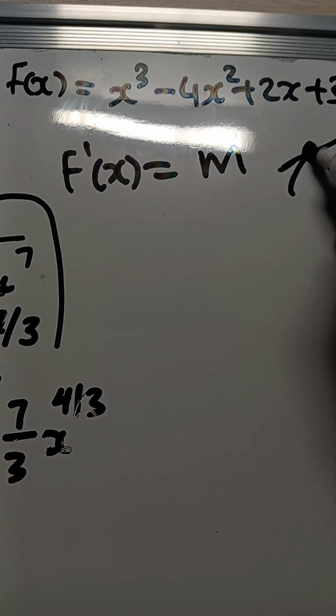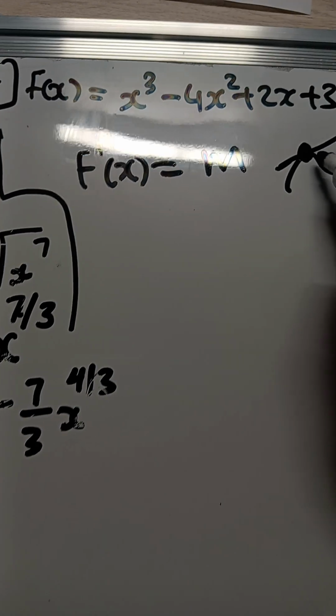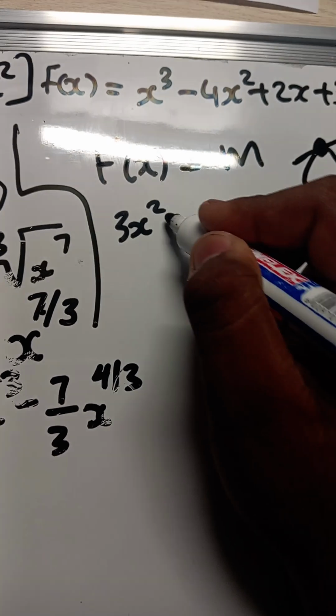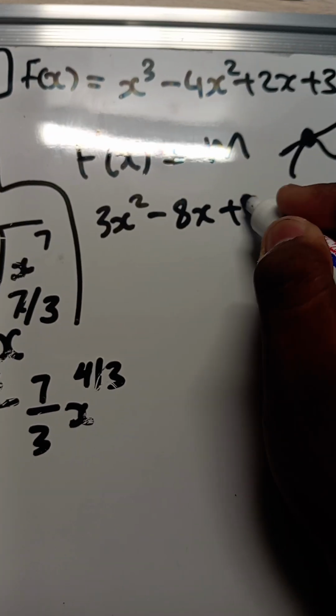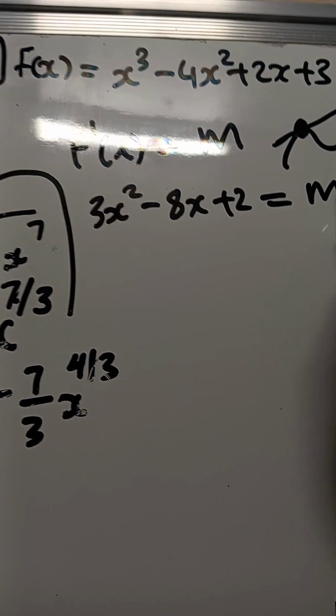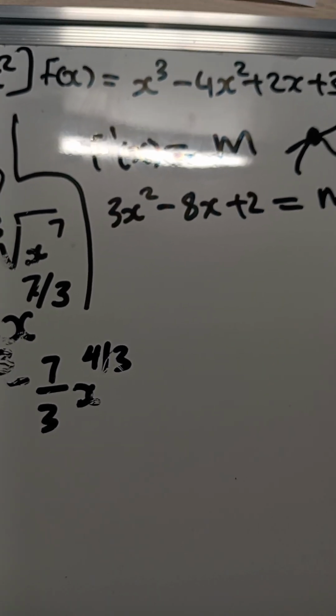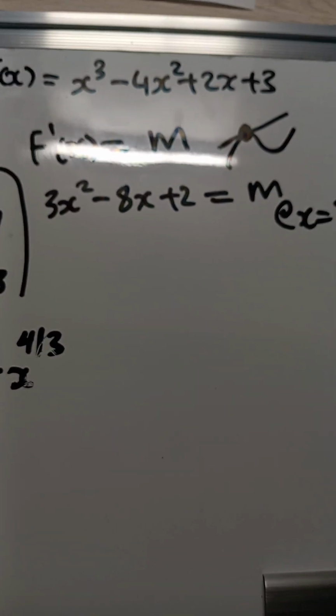The gradient of that tangent is equal to the derivative of the curve. So now f prime of x is 3x squared minus 8x plus 2, equals m. But where at x equals 2, because I've been told.